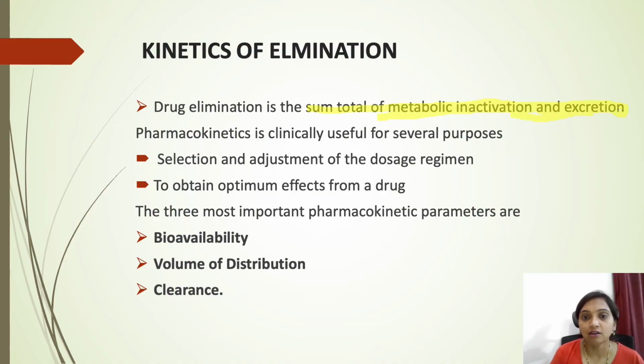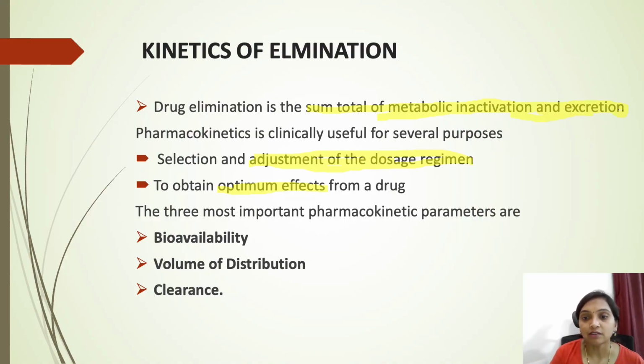Coming to the importance of this kinetics of elimination, it is important in adjusting the dose and the dosage regimen, and it also affects the optimal effect which is produced by the drug. That also depends on the kinetics of elimination of the drug.